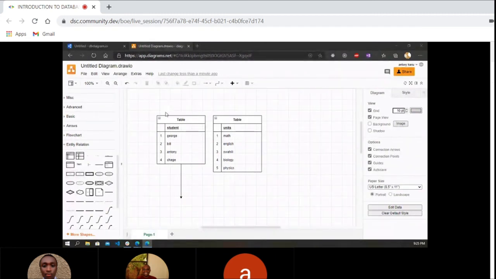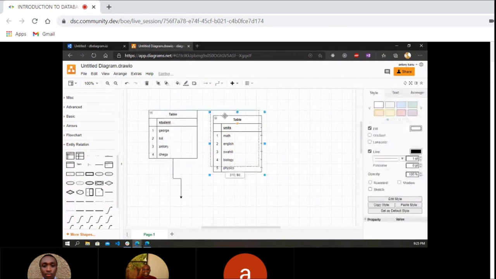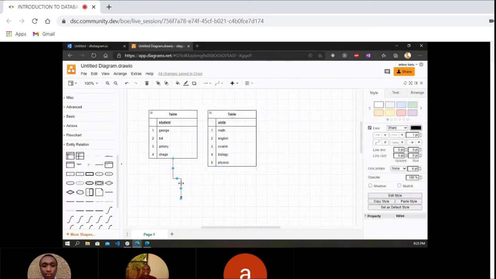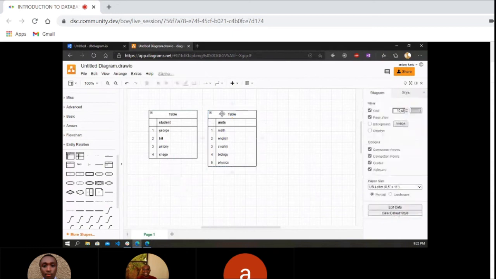So we have one table for students, one for units. Now you'll create another pivot table. You may remove that arrow, because some people don't understand the arrows. They might be confusing.